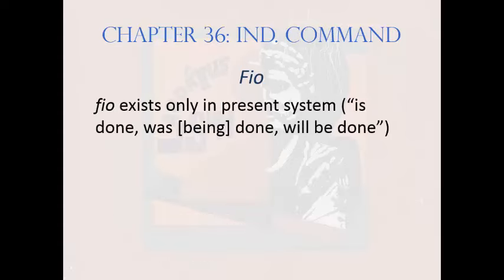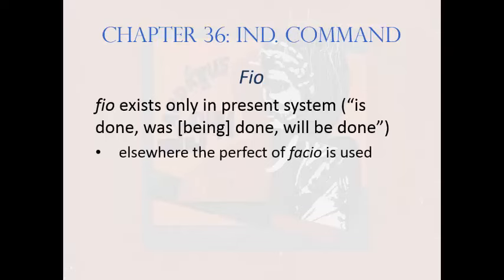And, as we noted above, fio exists only in the present system. That is, it has only present, imperfect, and future forms. Is done, was or was being done, will be done. Beyond the present system, there is no fio. Factus takes over in the perfect passive, and factus sum est is used to convey its perfect senses, having been made or done.